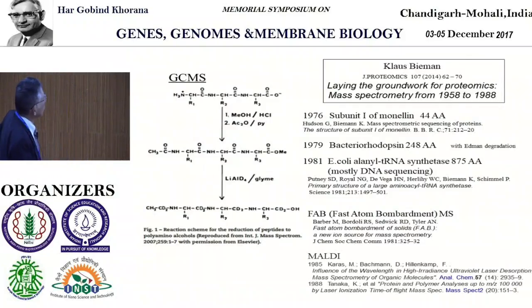But then he went on to sequence E. coli alanine tRNA synthetase. I think Datta's name was mentioned in this description. He was somehow instrumental in providing, I think, protein samples.